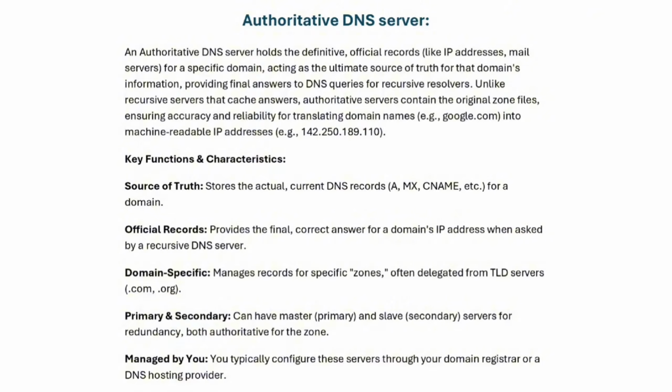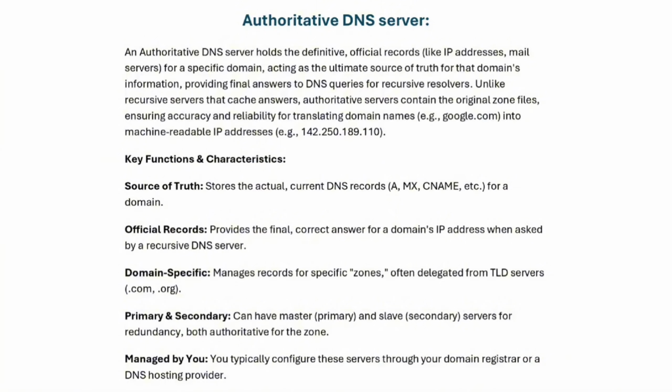Source of truth: stores the actual current DNS records, A, MX, CNAME, etc., for a domain. Official records: provides the final correct answer for a domain's IP address when asked by a recursive DNS server. Domain specific: manages records for specific zones, often delegated from TLD servers like .com or .org.